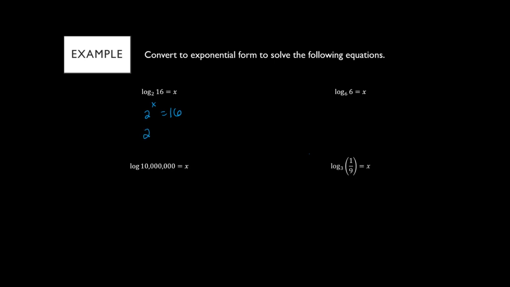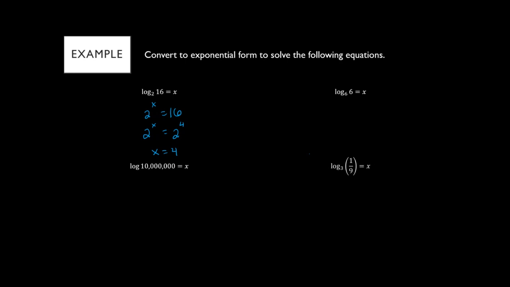So you can rewrite this, and you see, okay, if 16 is 2 to the 4th power, if the bases are the same, then the exponents have to be equal. So then x has to be 4 in order for these to be the same thing. This is actually called the one-to-one property.